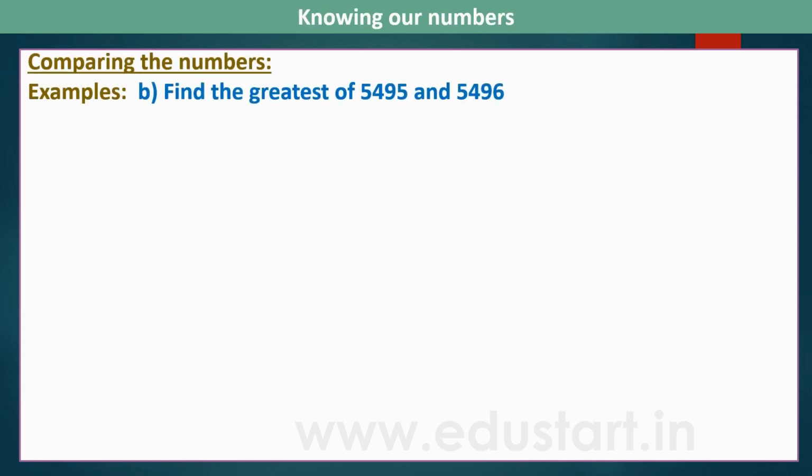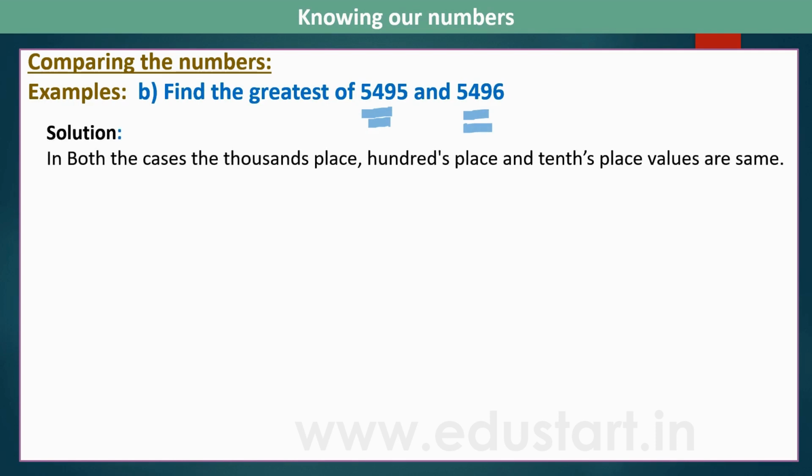In this example, let's find the greatest of 5495 and 5496. In both the cases, the thousands place, hundreds place and tens place values are the same: thousands place 5, hundreds place 4 and tens place 9.